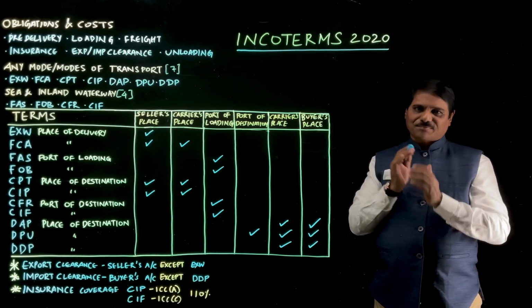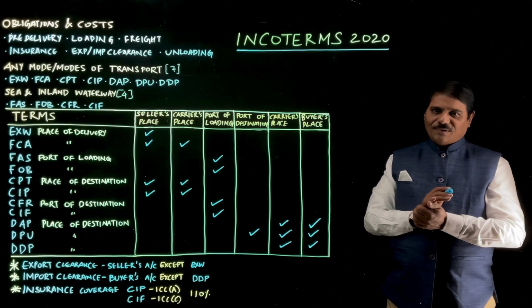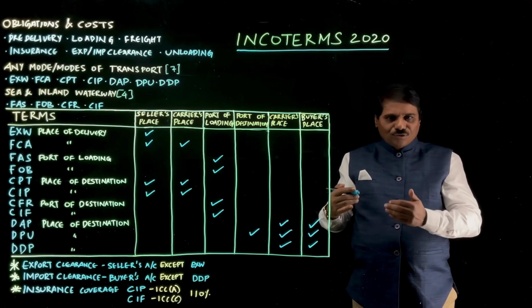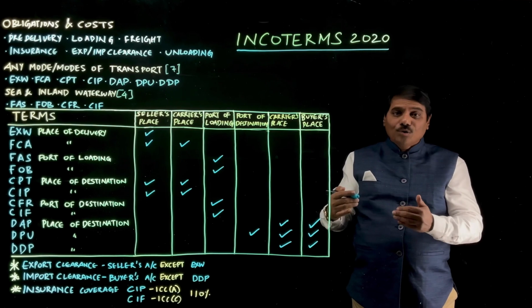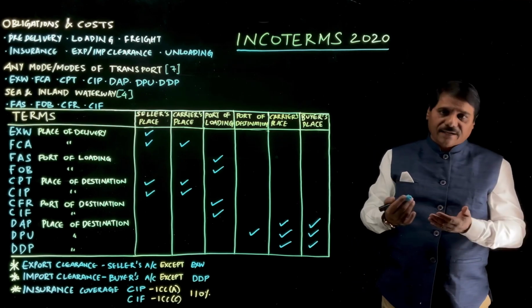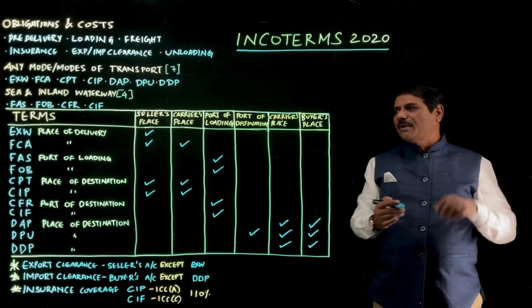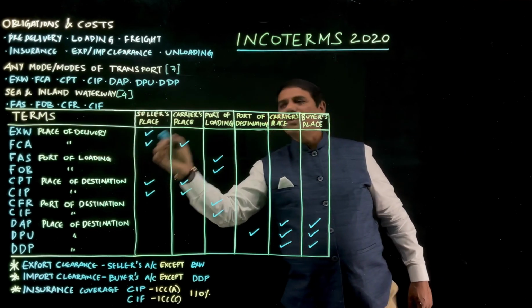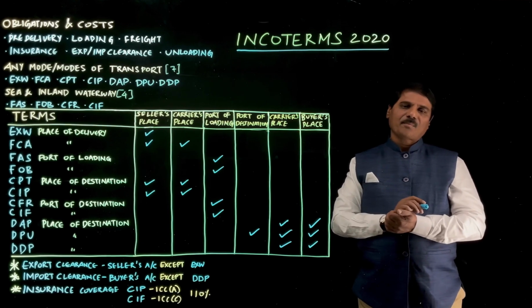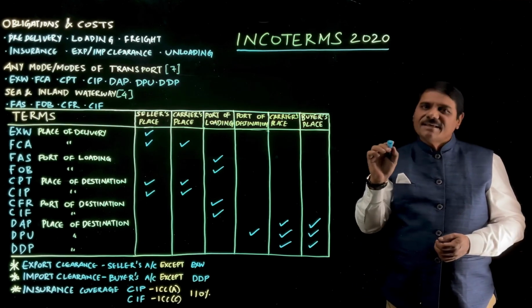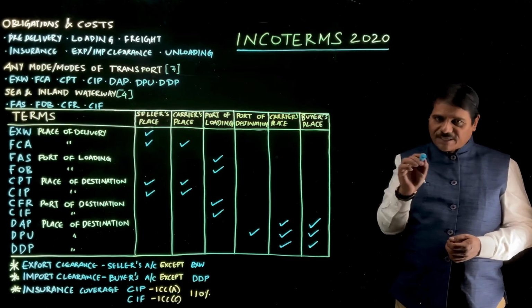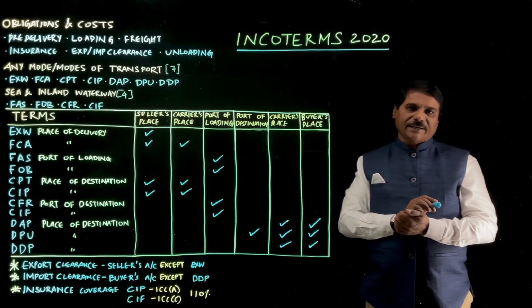Suppose it is the seller's place, so the seller is delivering the goods at his place to whom? To the carrier, free carrier, at a named place. What is the named place? In this example, the seller's place. So FCA, seller's place, whatever the place you have to specify in the contract.